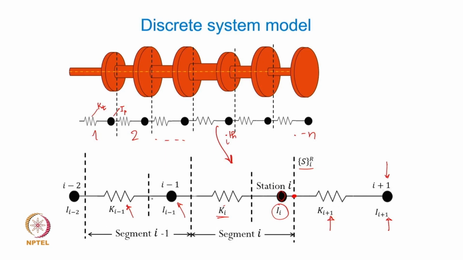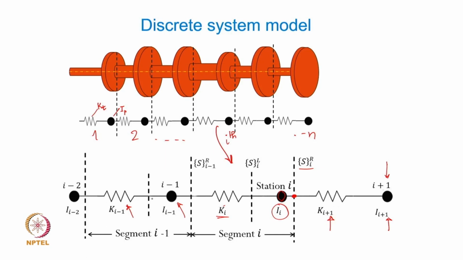In this case we are defining the right hand side of the inertia element, which is station I. On the same lines, on the left of the ith station the state vector is Li, which means the left of the ith station.